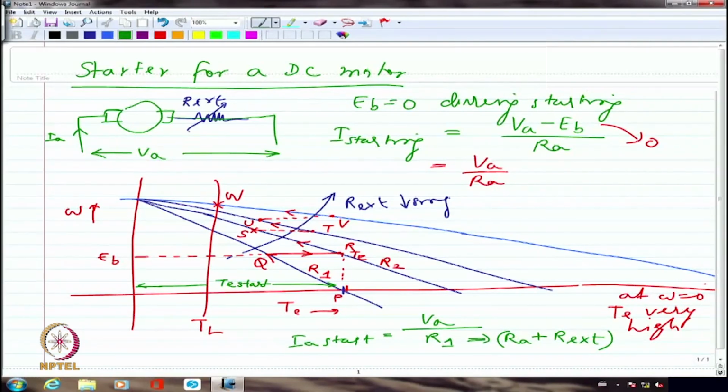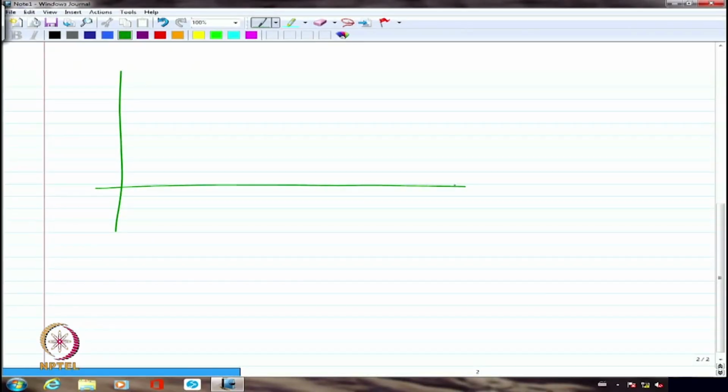So I can design a starter such that I have the minimum and maximum values of torque pre-decided. Maybe I know what kind of load is coming up on my DC motor, so I have to make sure that the maximum torque generated is maybe twice or 3 times the load torque, so that enough acceleration comes.